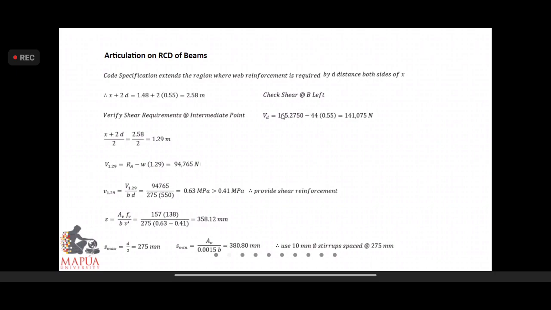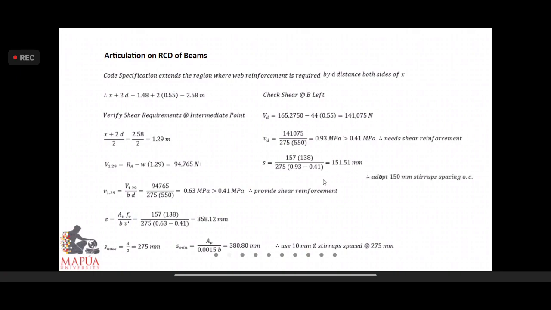This is the reaction, the uniformly distributed, the effective distance. We compute for the actual shear on that side, and this is greater than the allowable computed a while ago. It needs shear reinforcement or web reinforcement for stirrups. So we do the same computation. It turned out we have 151.51 millimeter.